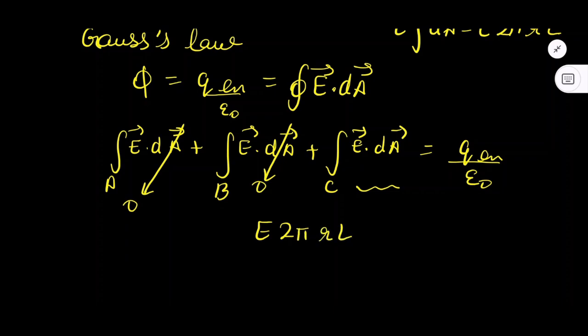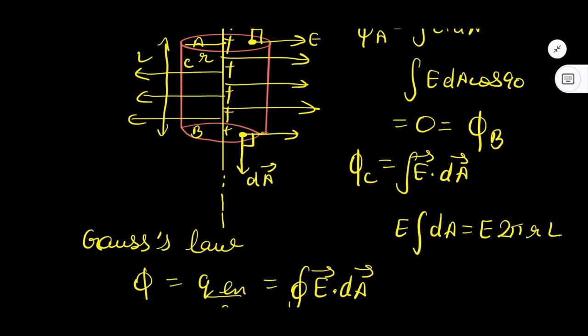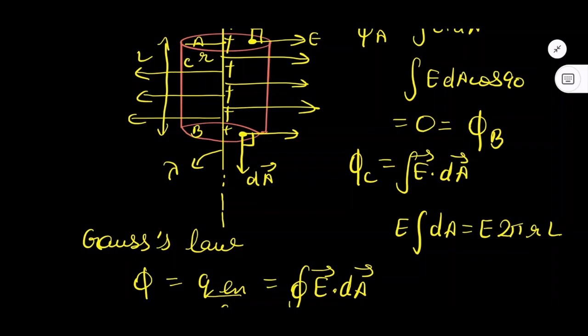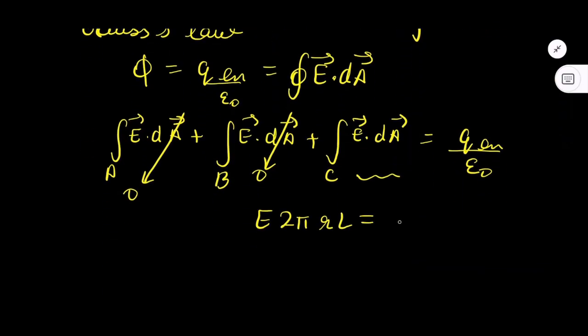And since we were given that it is the wire which has the charge and it has the charge density lambda, where lambda is the linear charge density, I'll substitute charge equal to lambda into L upon epsilon naught.